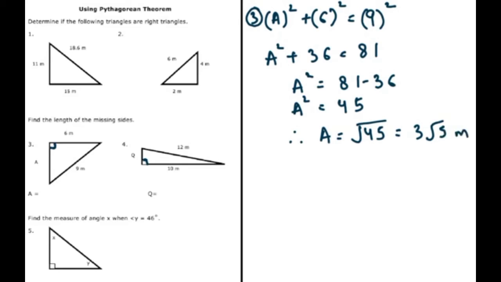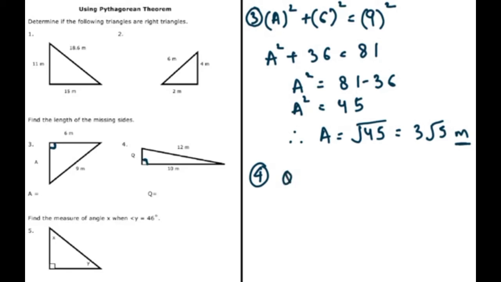Always take care of the units. Here all the sides are in meters, so answer should be in meters. Don't forget to write the units, else your marks will be deducted. Okay, let's see at question 4. Here hypotenuse is 12 meter. One side is Q and the other is 10 meter.